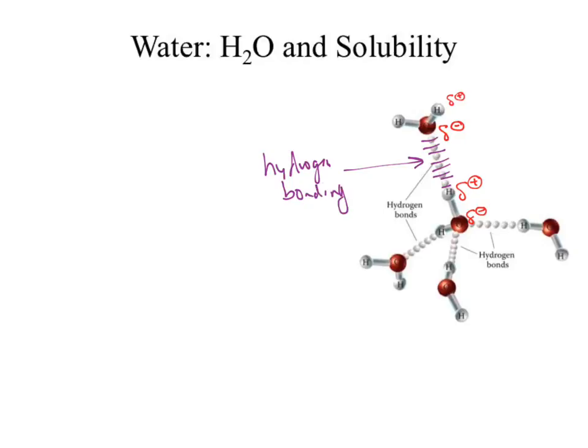And just to be particularly irritating, what is that interaction? Covalent is a good, safe answer. It is a bond. Which type of covalent bond? Nonpolar or polar? Polar.